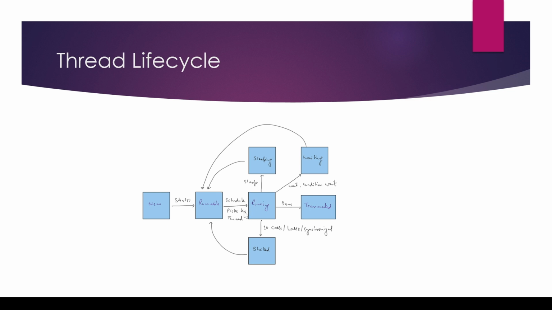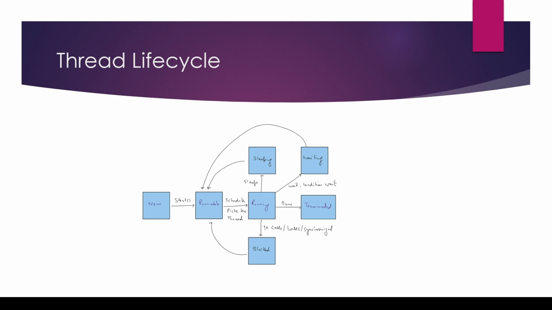Now, when the thread is picked by the thread scheduler, it is in the running state. In this state, the thread is actually running on one of the CPU cores. It is executing the code of the run method. So this is the running state. Now, from the running state, the thread can be moved to the sleeping state, and it generally happens when we call the sleep method of the thread.